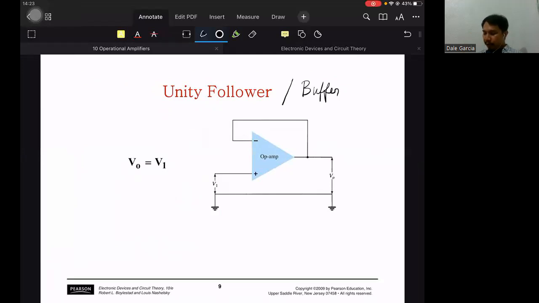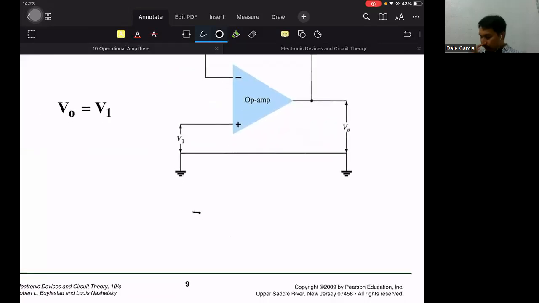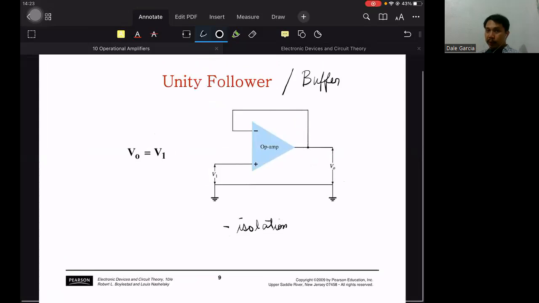So what's the purpose of the unity follower or buffer? One of its uses is for circuit isolation. At the circuit level, if we want one part of the system to be technically separate from the other, because let's say for example, another purpose of the amplifier is for protection.